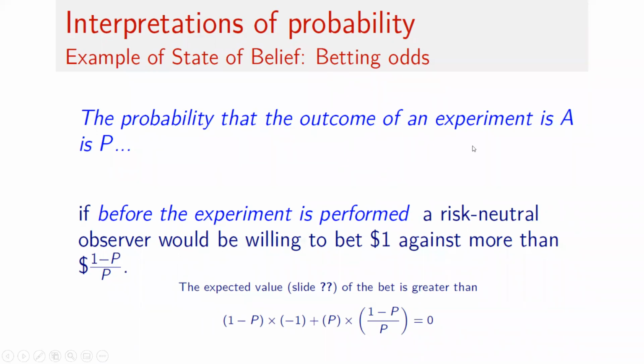Okay, so the idea here is that in the interpretation of probability, maybe we have information beforehand to make the odds. So we have a risk-neutral observer who will be willing to bet $1 against getting more than (1 minus capital P) over P dollars, for example.